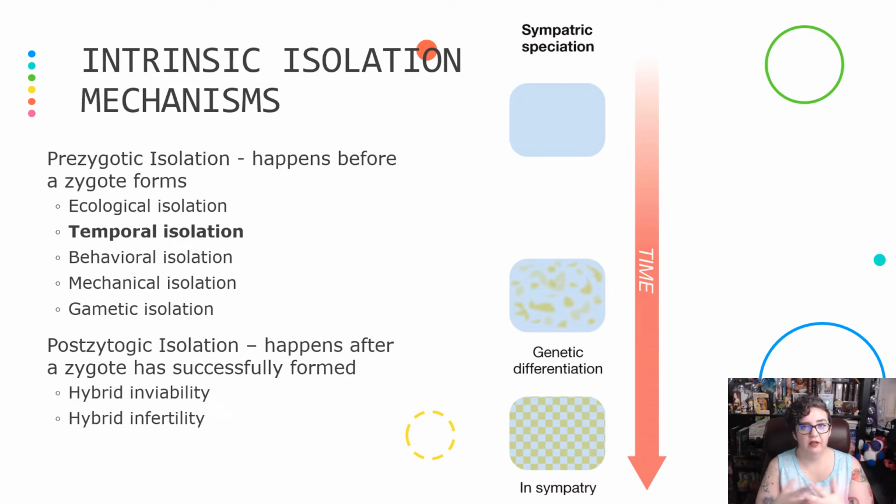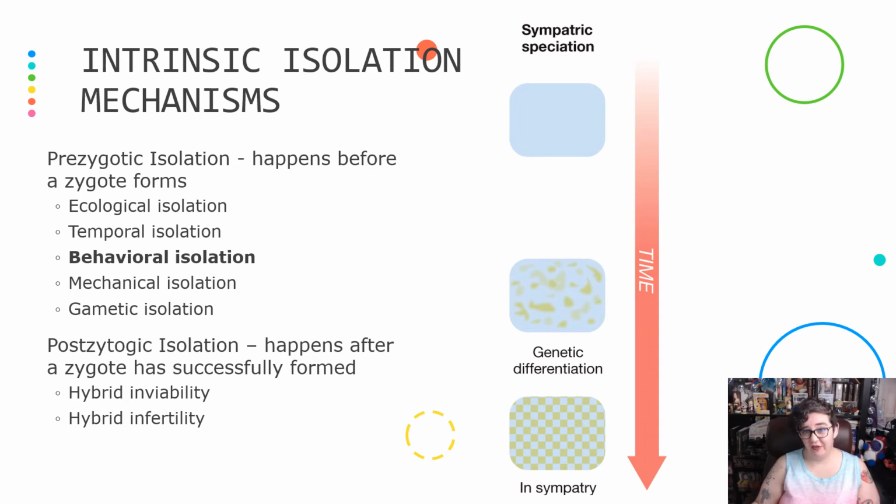So they're not reproducing with the other one, they're not necessarily attracted to the other one. Okay, so they're isolated by time now, right? And that can be, like I said, seasons. It can also be daytime and nighttime, right? Maybe one's nocturnal and one's diurnal or crepuscular. They're not active at the same time, so they're not going to be able to reproduce.